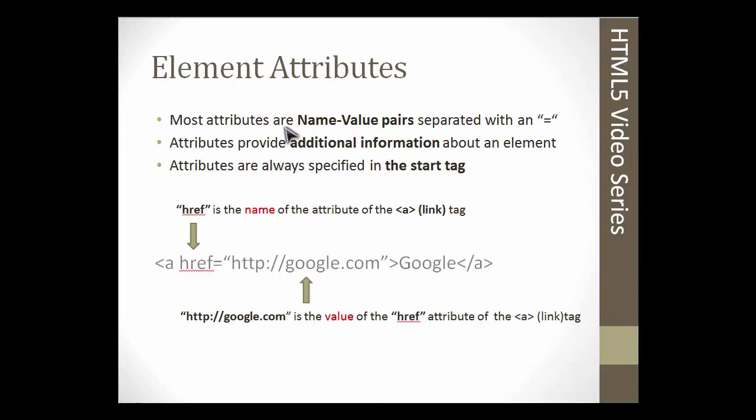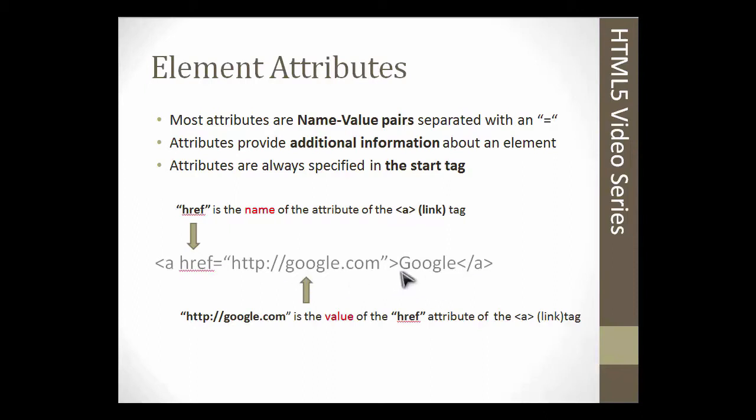And most attributes, if not all, are in a name value pair separated with an equal sign. So here we can see the attribute name is href and the value is http google.com, which is the link. And just like before, we have the text wrapped in an A tag, which is a link tag, and we have the text Google.